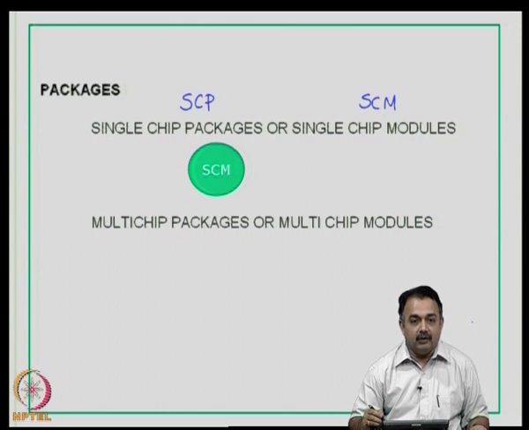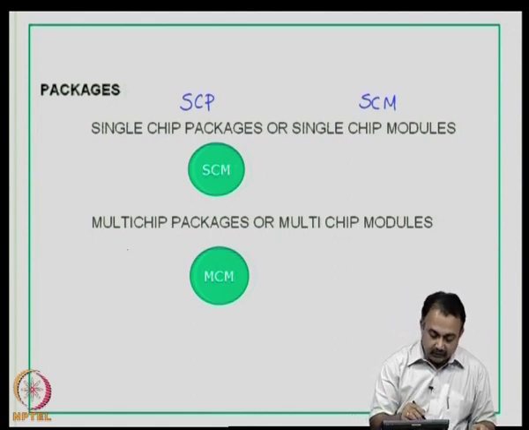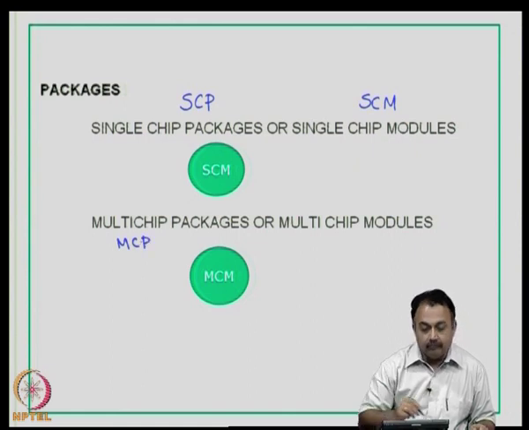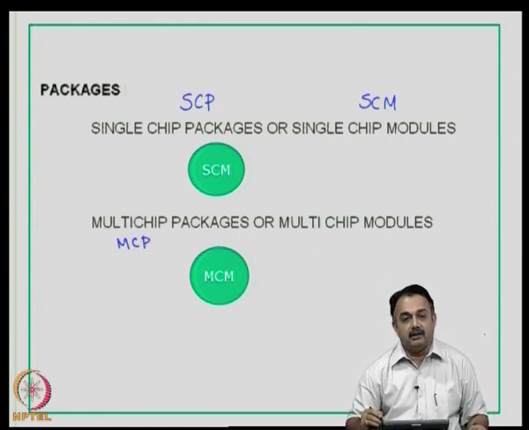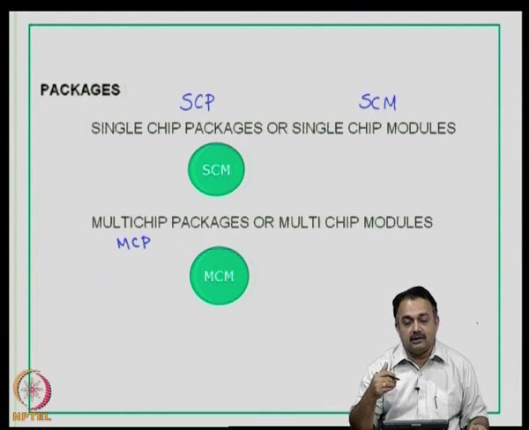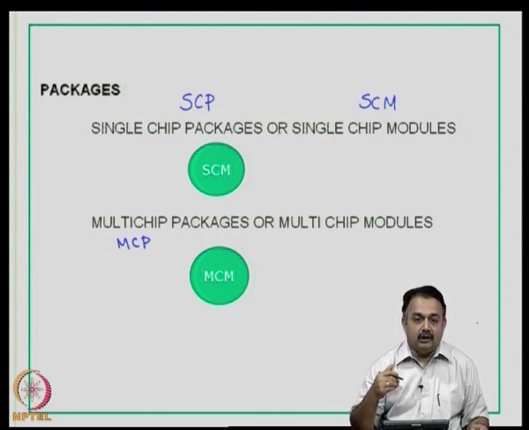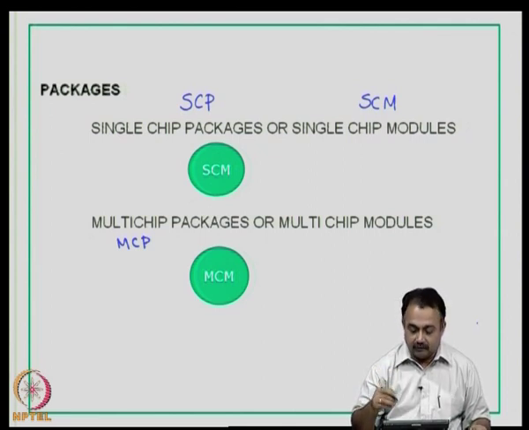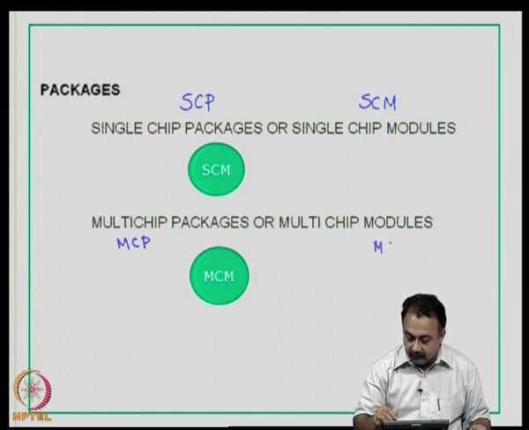Now, you have the other end, that is multi chip packages or multi chip modules. You might also hear the term multi chip packaging, which basically describes the process sequences in building a multi chip package. The criteria for forming a single chip module and a multi chip module are completely different.